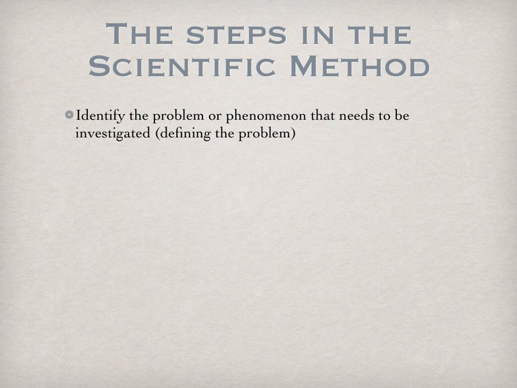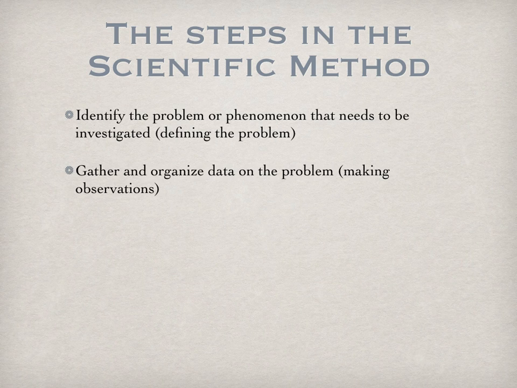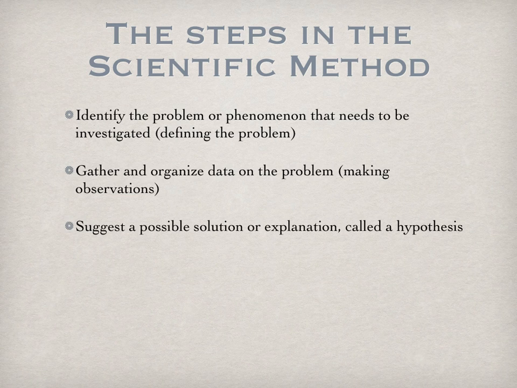First of all, you need to know the problem, or what phenomenon you're going to study. So step one, define the problem. Step two, gather and organize data. So you're going to make some observations and look at what's going on. Step three, suggest a possible solution or explanation, which we call a hypothesis.